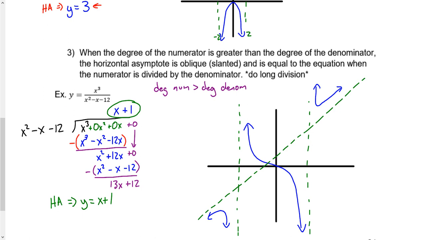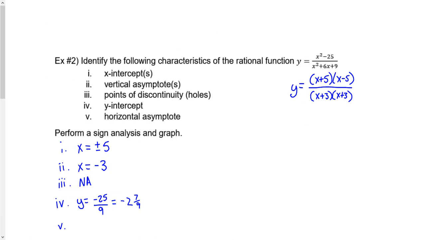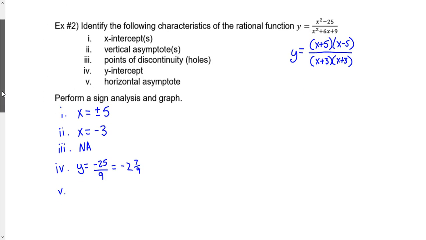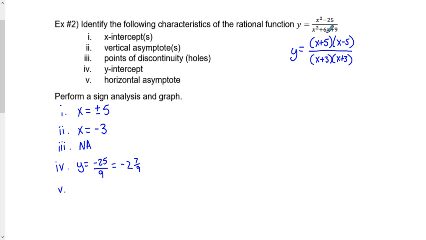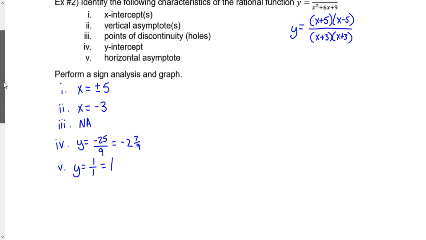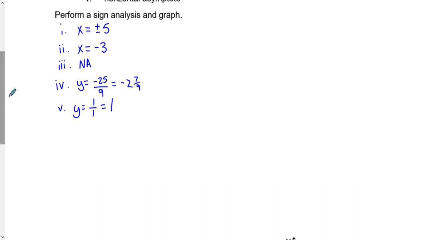Find out what is that dividend. So here, we're going to go back to the original question because it's easier to look at. Well, we can see that the degrees are the same. So we're going to divide the leading coefficients. 1 divided by 1 is 1.